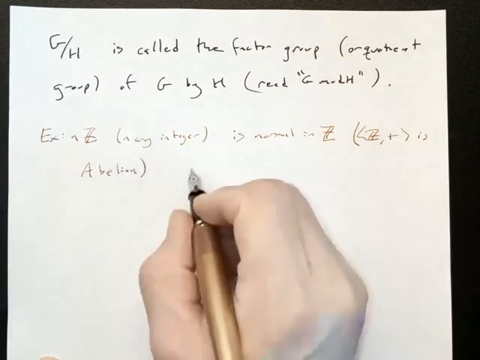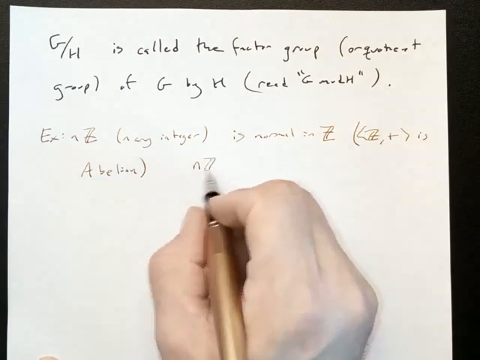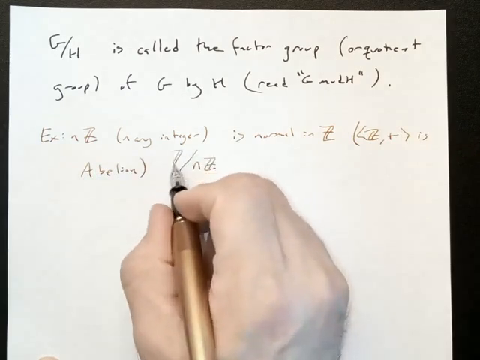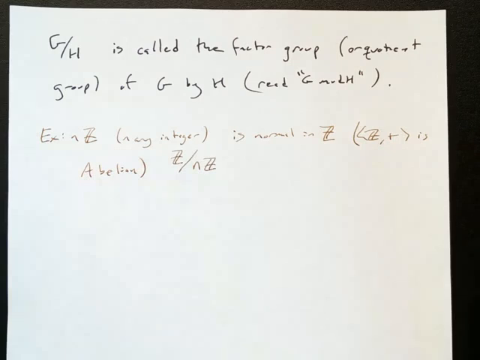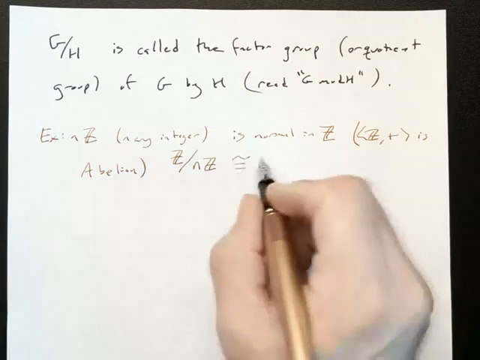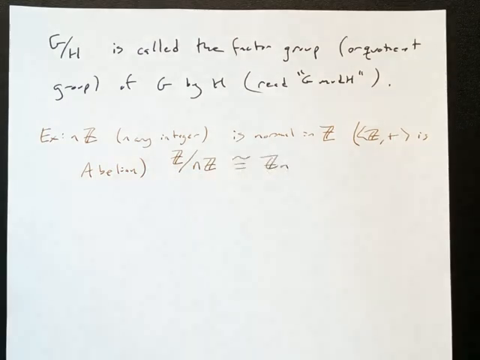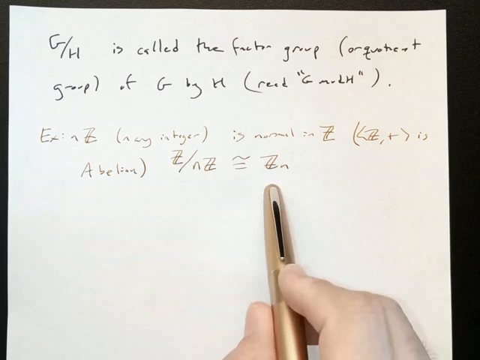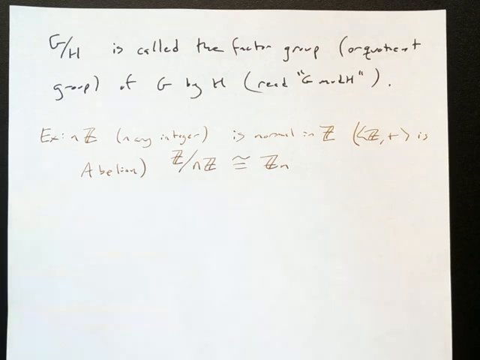And so when I do Z mod nZ, I get exactly n cosets, and this turns out to be isomorphic to Zn, no matter what n I pick. Brilliant. As a matter of fact, this is cyclic, which means one of the cosets is going to be a generator.